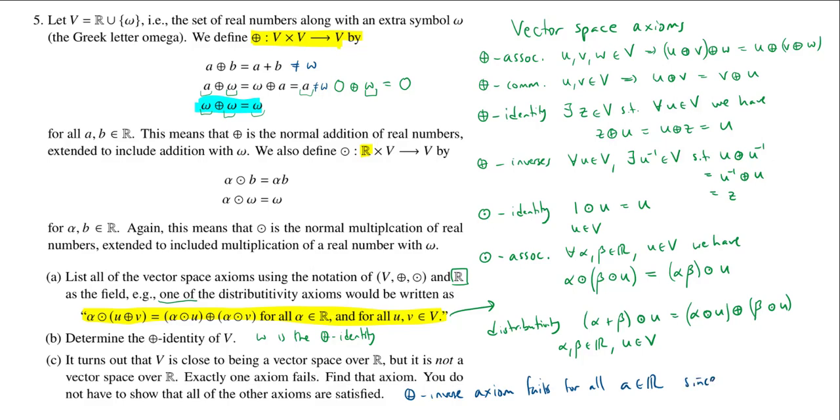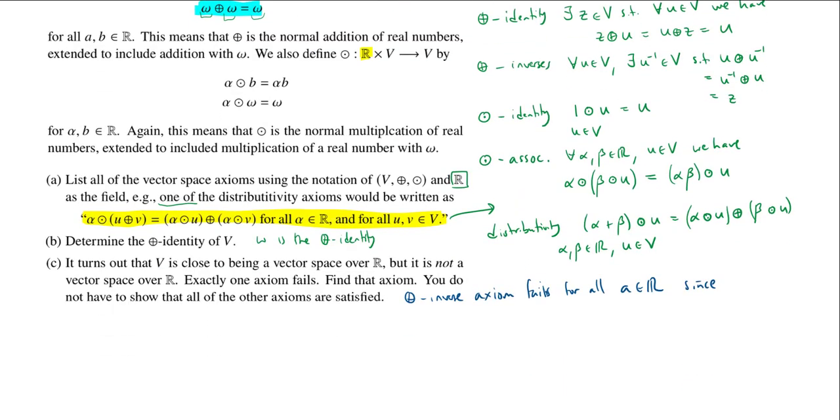Let's write it out carefully. If a plus b equals omega, the additive identity, then from the rules this implies that a equals b equals omega, which is a contradiction because a is a real number and omega is not a real number.